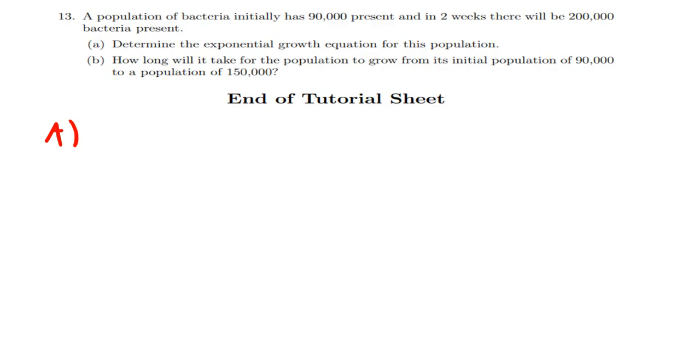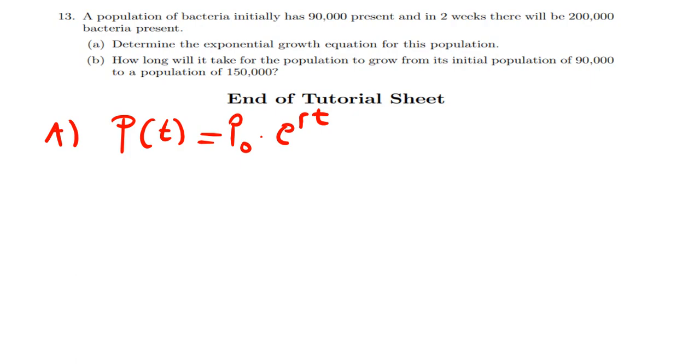For us to determine the exponential growth equation for the population, there's a formula that you're supposed to use. It is P(t) equals P initial multiplied by e to the power rt.